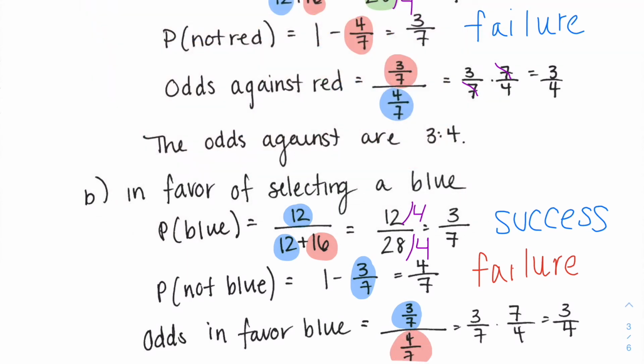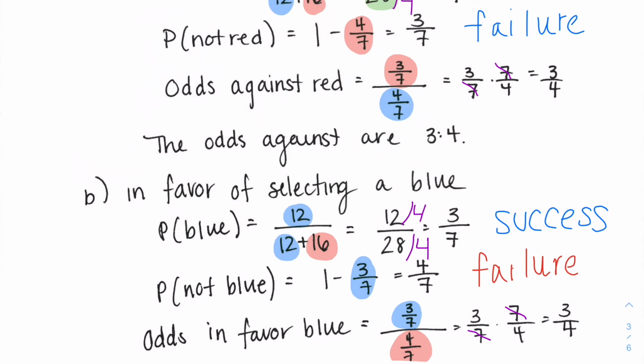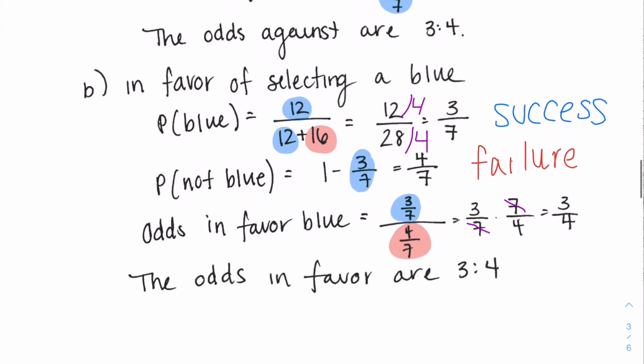Our failure is selecting the red. Same thing happens when you divide by 4 over 7. You multiply by the reciprocal. So you have 3 to 4 odds in favor of selecting a blue marble. Okay? So odds in favor of selecting a blue are 3 to 4, which is the same thing as the odds against selecting a red. So these two kind of go hand in hand, right?